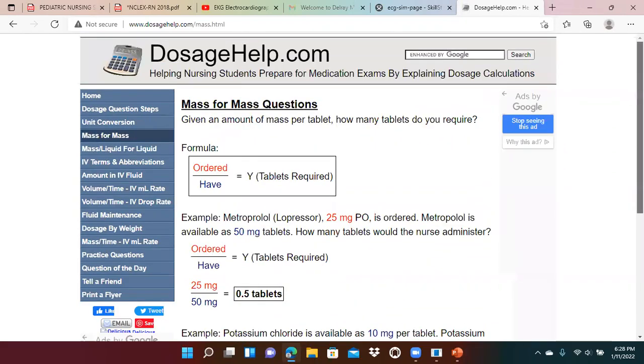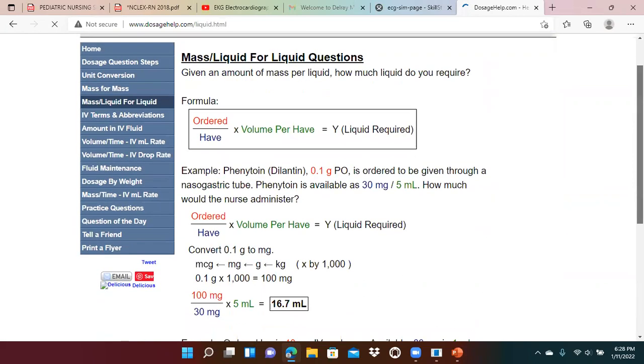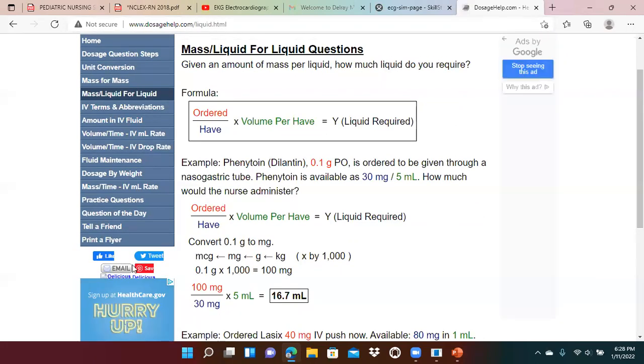Another, here we go. Liquid. Mass divided by liquid, for liquid questions.